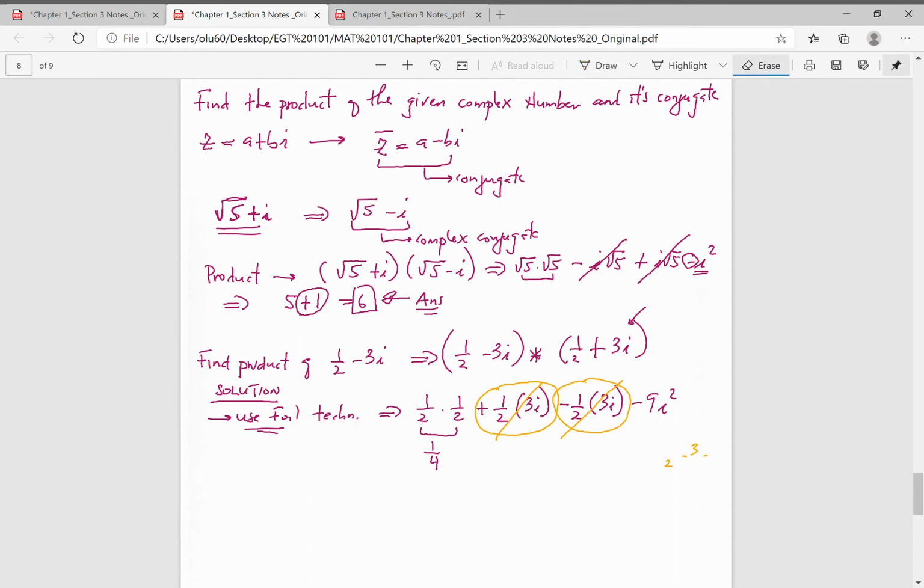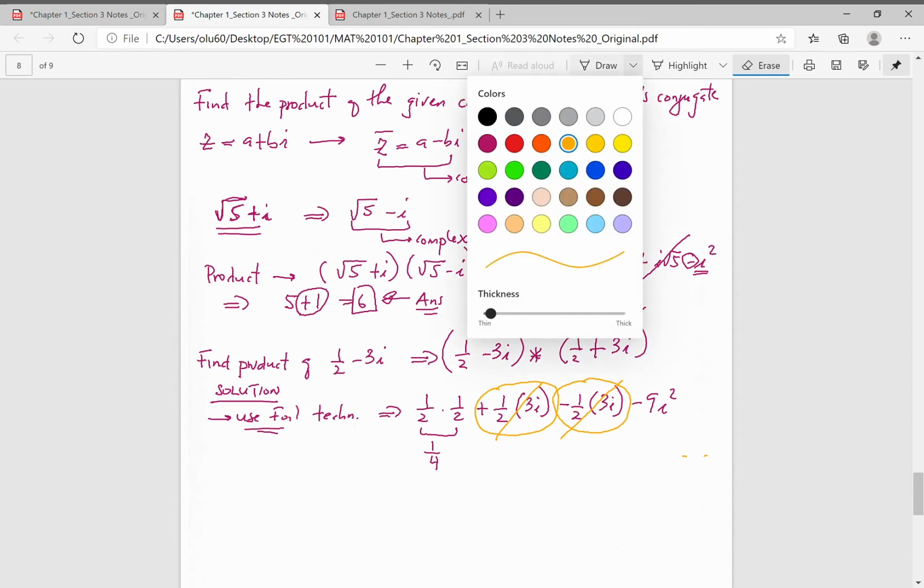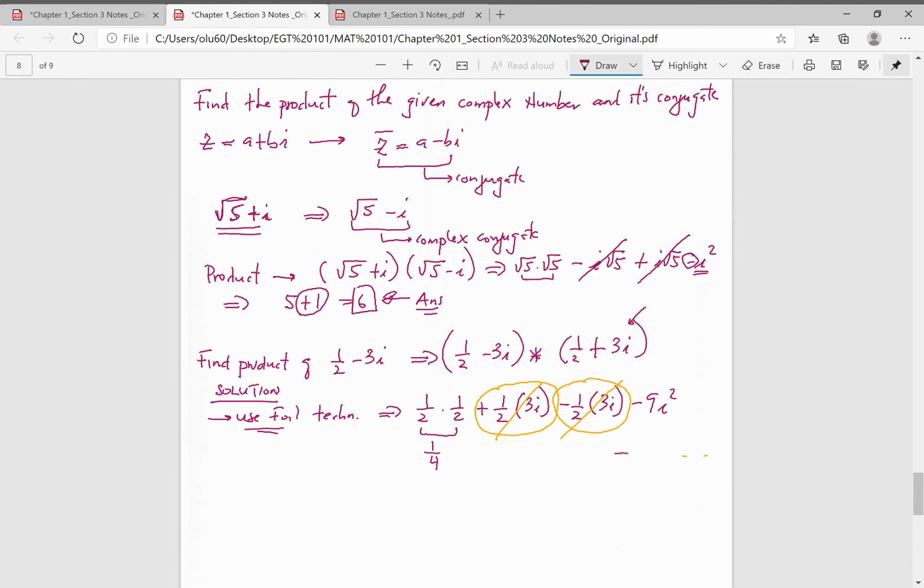Okay. And then we're left with this negative 9 times negative 1, because i squared is negative 1. So we have 1 over 4 plus 9, okay, equals 9 and 1/4. And this is the proper fraction.